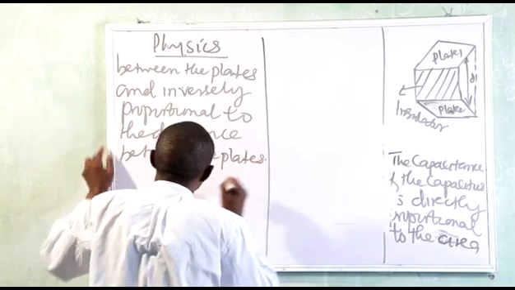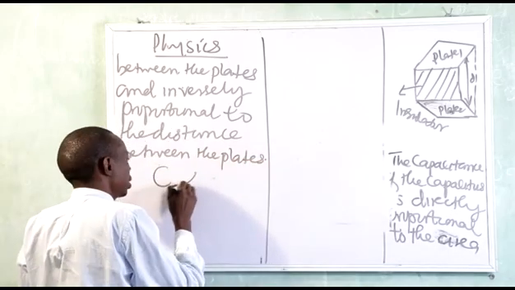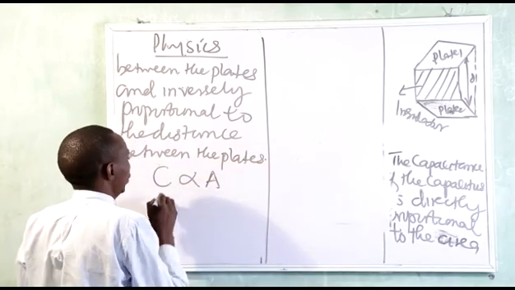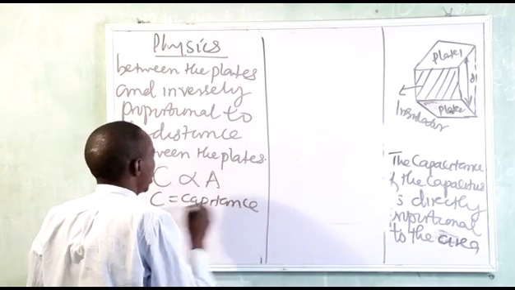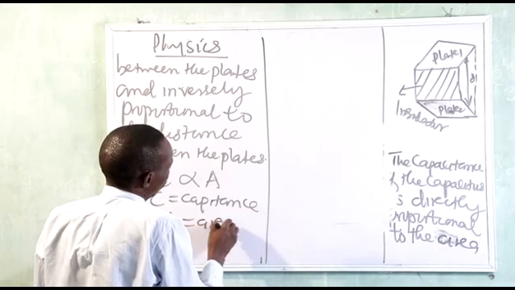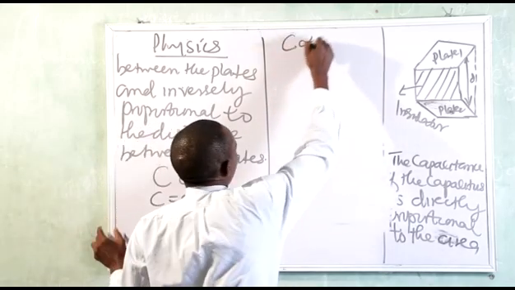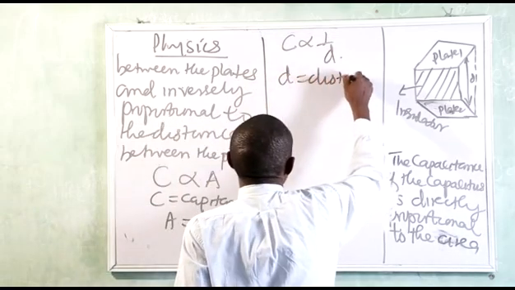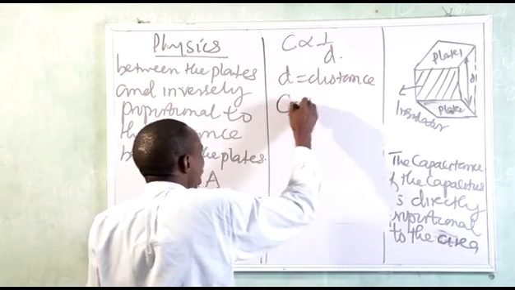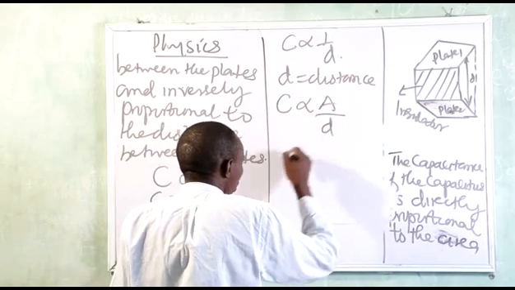Mathematically written, capacitance is proportional to area, and capacitance is proportional to one over distance. Let's bring these two together: capacitance is directly proportional to area over distance.